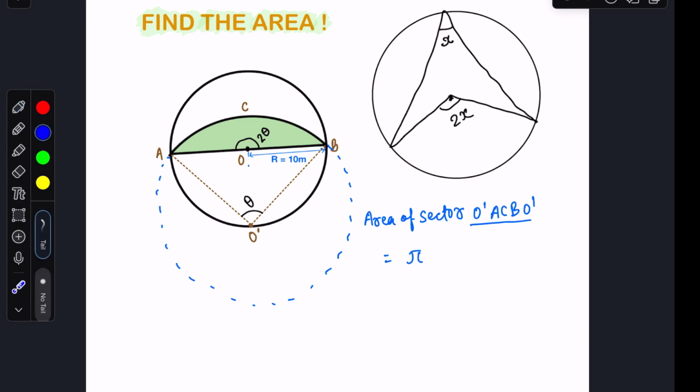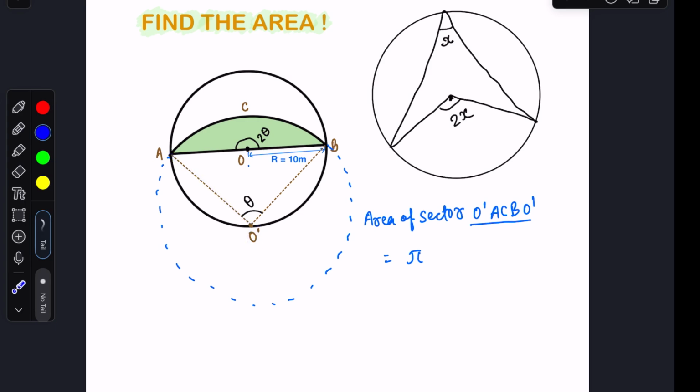R is for this circle. O dash is the center, so O dash B is the radius. Similarly, O dash A is also the radius, because ACB is drawn by taking O dash as center. So there is no doubt that O dash B is the radius of the circle having center O dash, and O dash A is also the radius of the circle having center O dash.